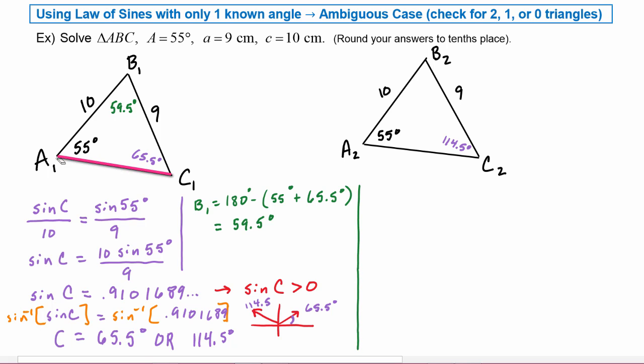Finally, we can solve for side B1 over here. So we get that B1 divided by the sine of its opposite angle, which would be 59.5, is going to have to equal, let's use the givens, we've got 9 divided by the sine of its opposite angle, which is 55 degrees.